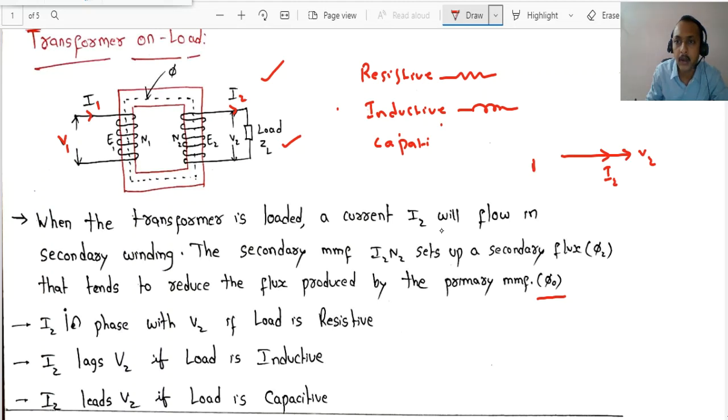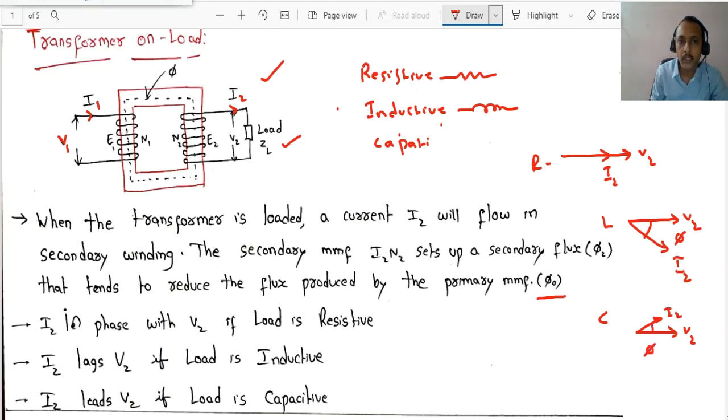If it is an inductive load, I2 lags the secondary voltage by some angle phi. And if the load is capacitive, of course rarely we will have capacitive loads, I2 will be leading the voltage V2 by some angle phi.